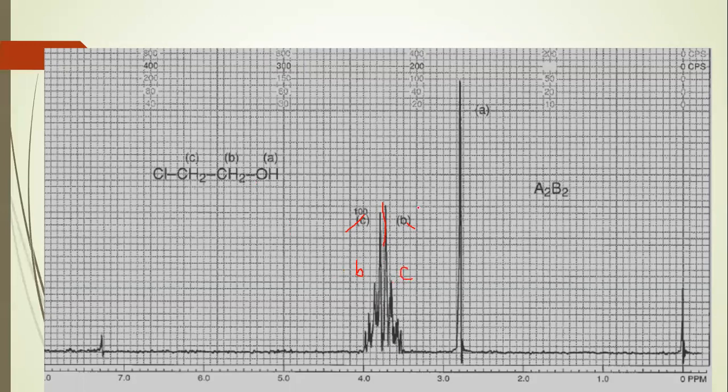But as soon as we look at this signal, we'll say that this is a multiplet, because the two signals have merged together, there is a lot of distortion, and we are not able to identify the multiplicity. So we'll call such a signal a multiplet. So this is the appearance of another A2B2 spin system.